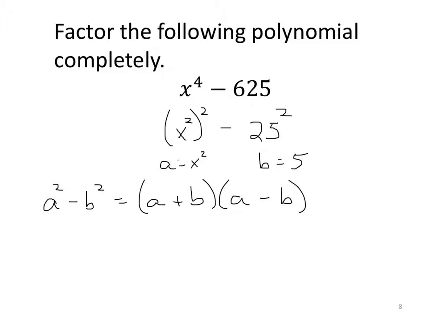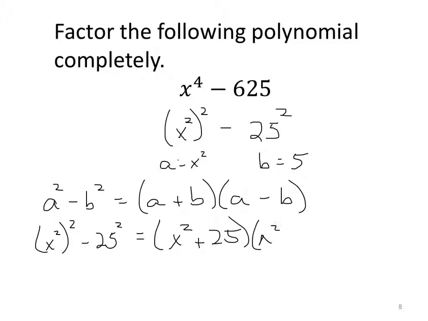So in this case, I have x squared squared minus 25 squared. So that's going to be x squared plus 25 and x squared minus 25.